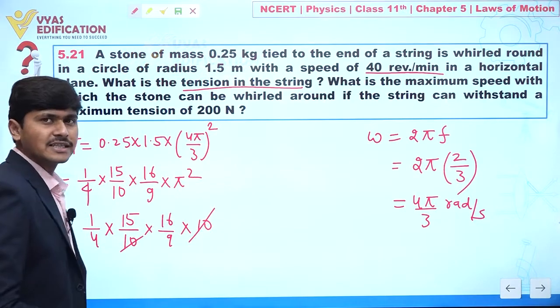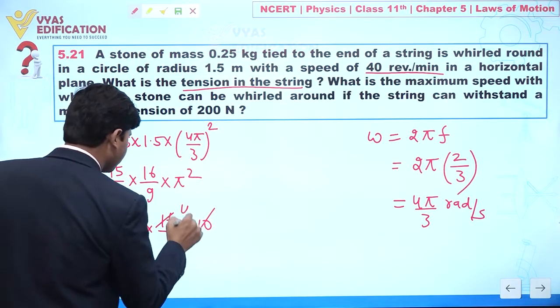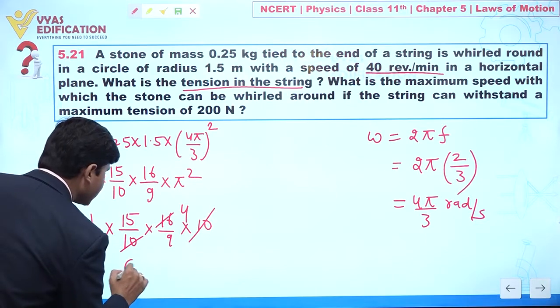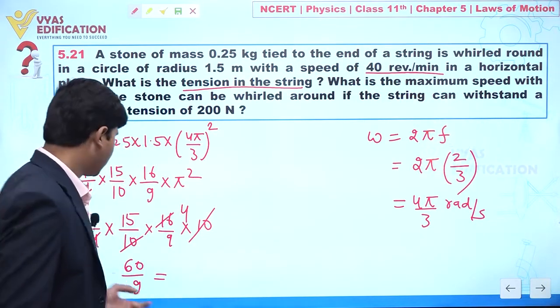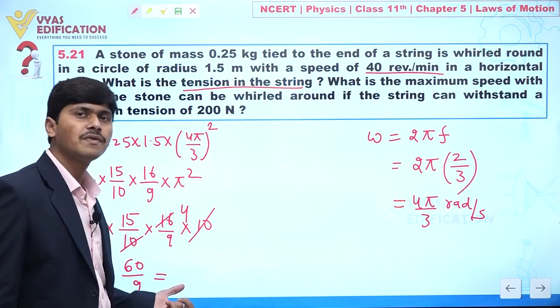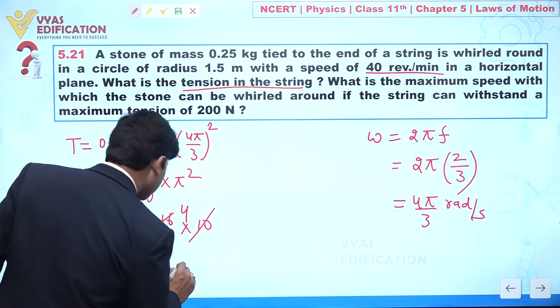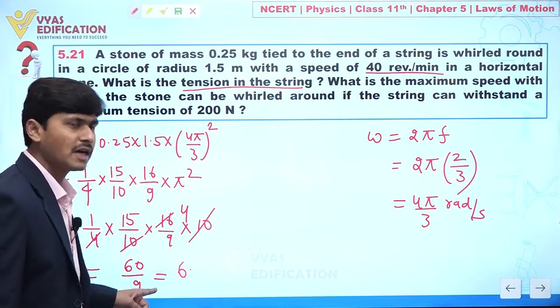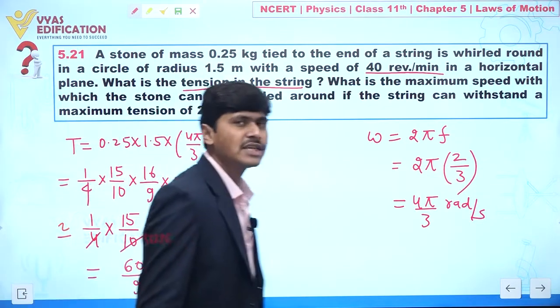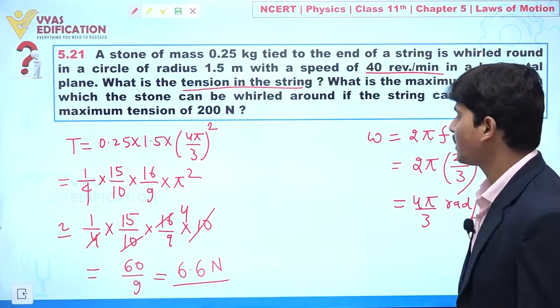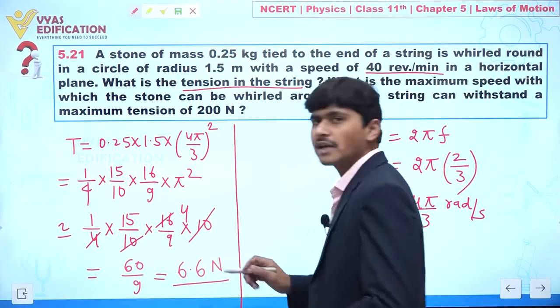This one and this one cancel out, this one is 4, so now we can say this is 60 by 9, clear. Now 9 sixes are 54, so we have 6 point, again we have 6, so 6.6 Newton, clear. So the tension that is acting in the string is given by 6.6 Newton, clear everyone.